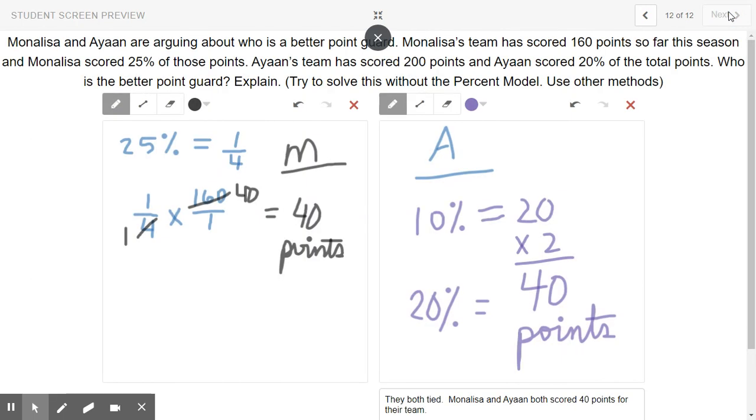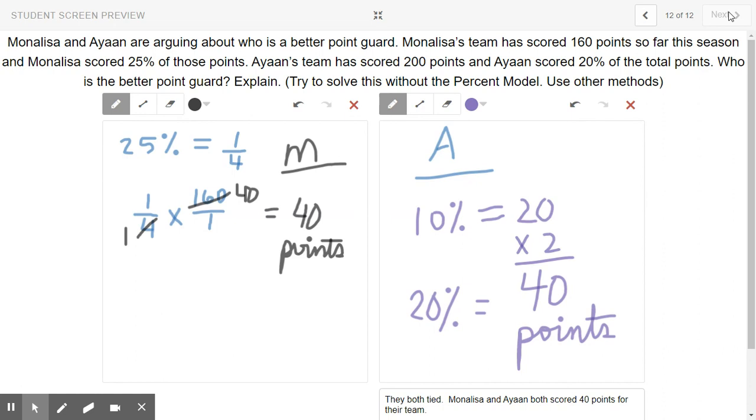And the last question. Mona Lisa and Ayan are arguing about who is a better point guard. Mona Lisa's team has scored 160 points so far this season, and Mona Lisa scored 25% of those points. Ayan's team has scored 200 points, and Ayan scored 20% of the total points. Who is the better point guard?